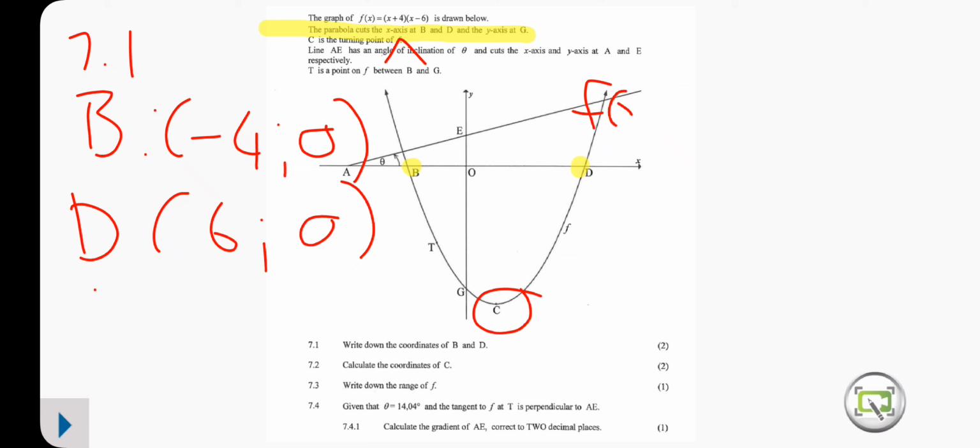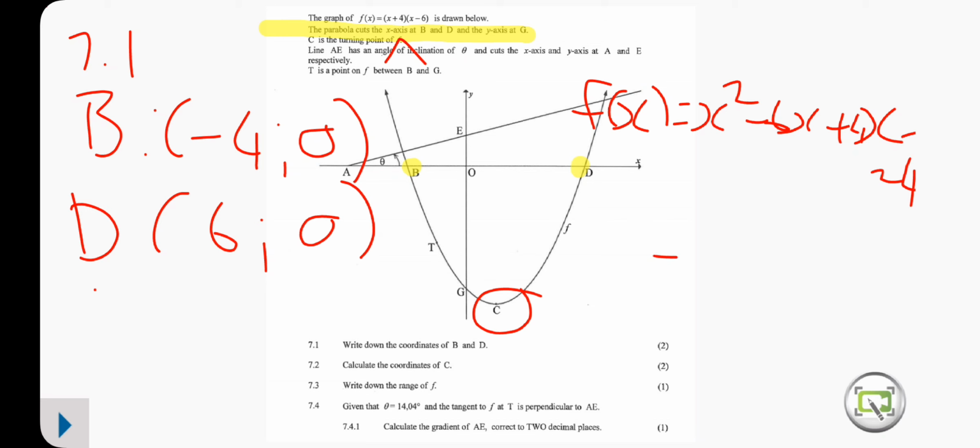Okay, so f(x) is equal to x squared minus 6x plus 4x minus 24. All right, and that leaves us with x squared minus 2x minus 24.